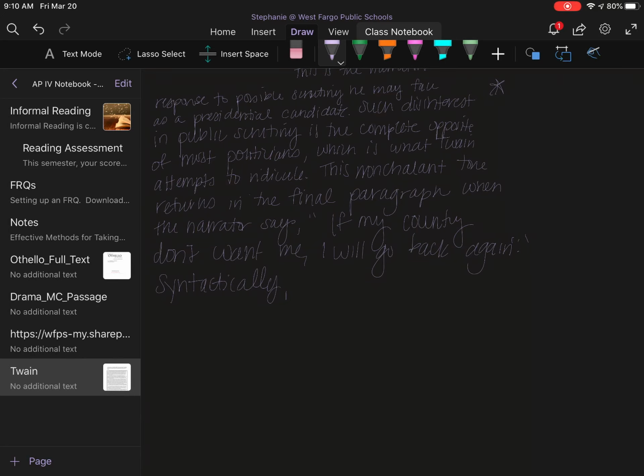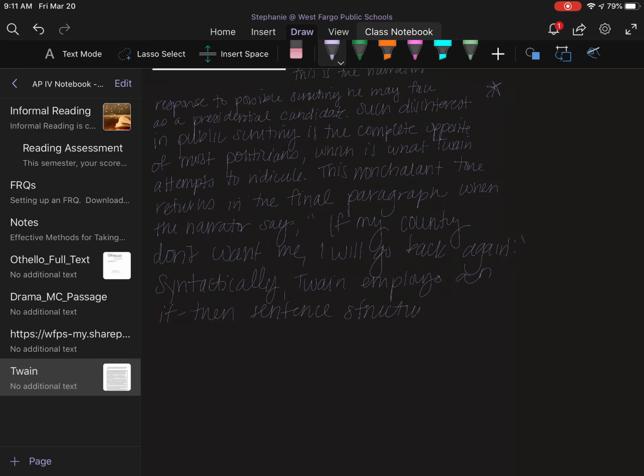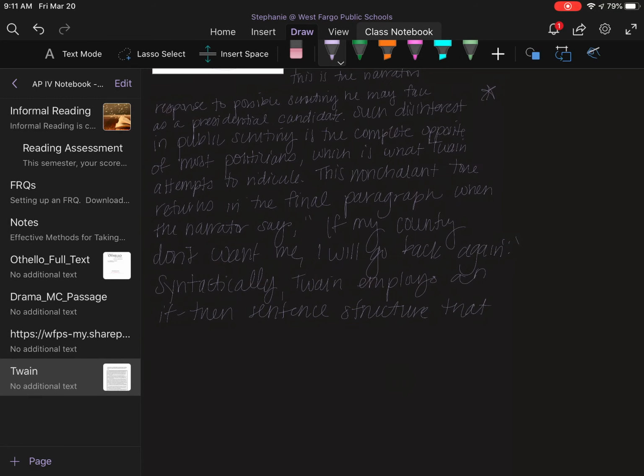Syntactically, Twain employs an if-then structure that reveals how unaffected the narrator would be by losing support.